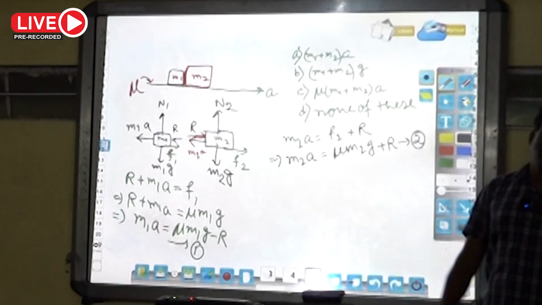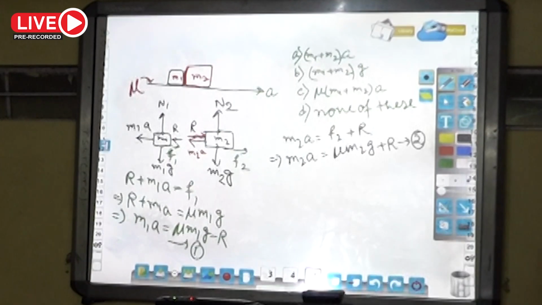Now divide these two equations. Equation 1 divided by equation 2. A will cancel. Then you can find the value of R. Calculate and you will get 0.